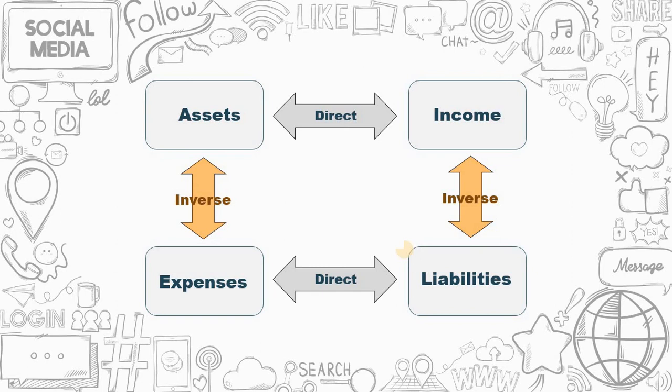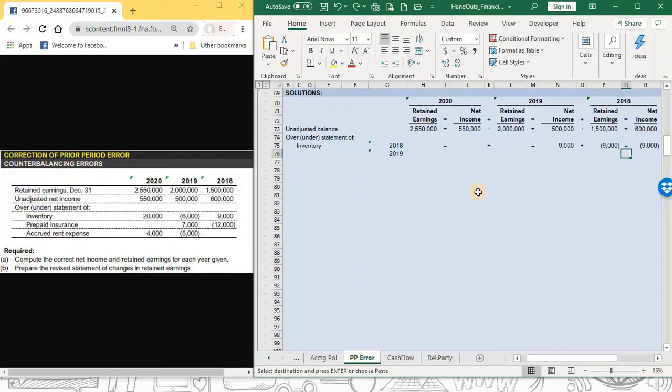And what is the effect of the understatement of 2019 ending inventory on net income? Again, ending inventory appears in the statement of financial position as an asset, and the relationship of asset with income is direct. It means that if the ending inventory is understated, the net income is also understated.